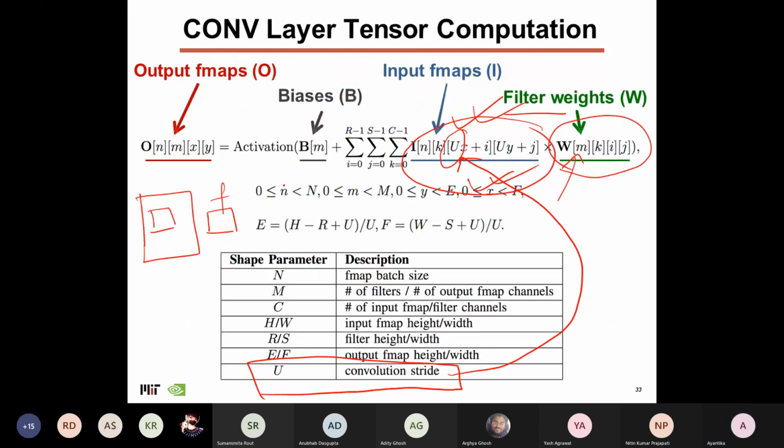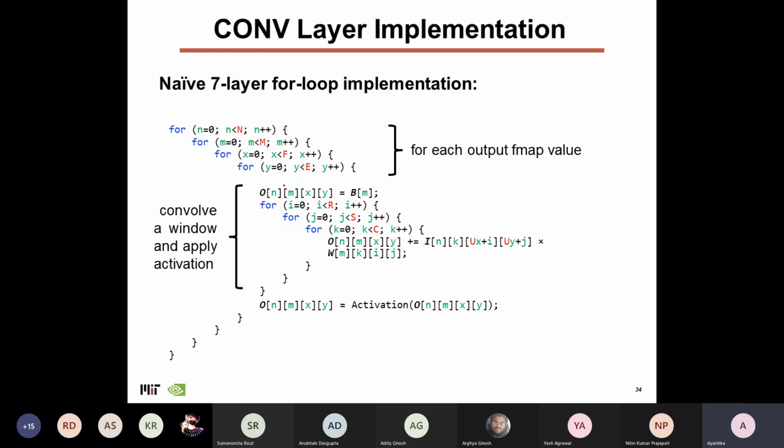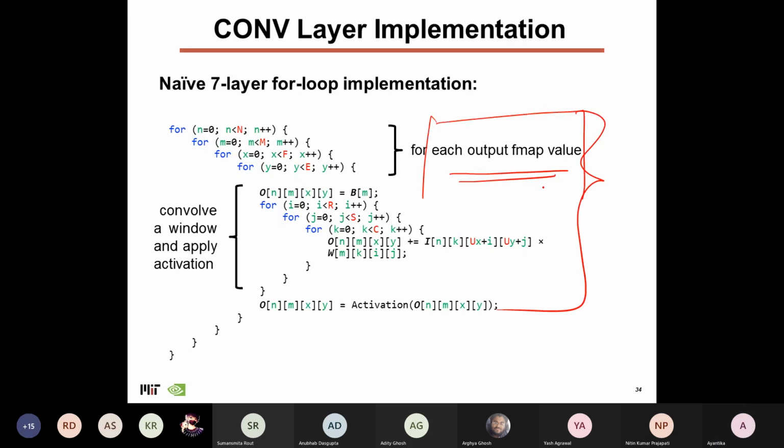Next, I think you understood that to implement this, we have to do this type of huge multiplication, and that is only for each output fmap value.